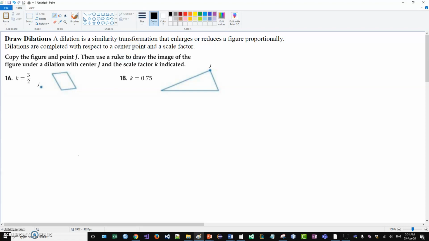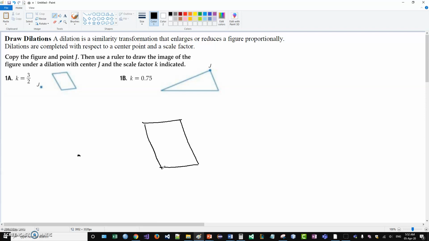So let's say this is our center, and this is the figure. First of all, you draw rays from the center to each vertex of the figure.